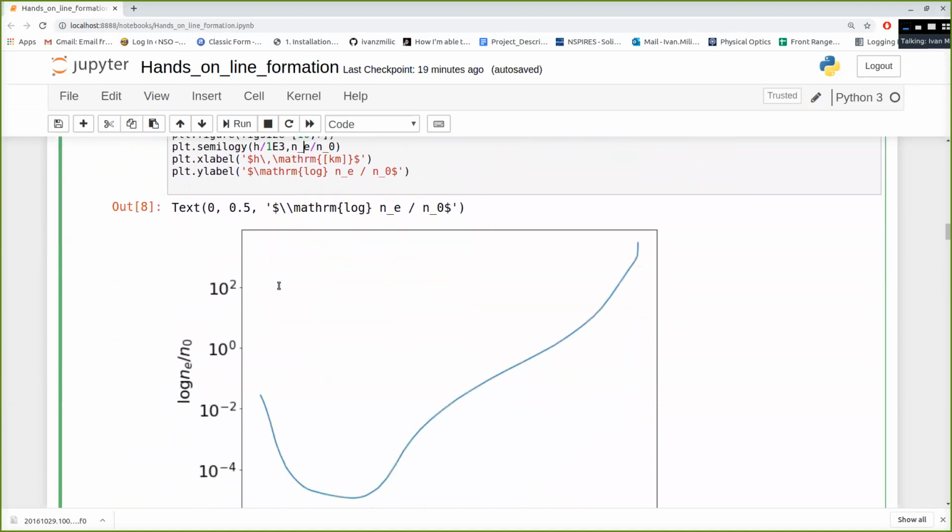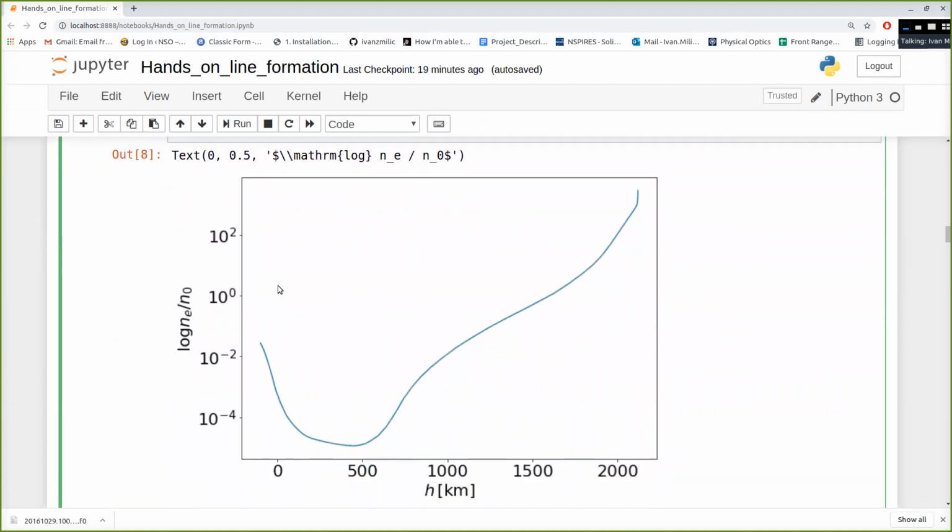And you see now something that we have already seen before: the ratio between the electron number density and neutral hydrogen number density is very small in the photosphere, then drops even more, but then starts increasing. And even though the higher regions here have the same temperature as the regions in the deep chromosphere, the ionization is much larger.